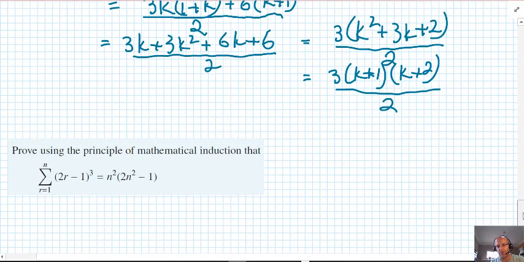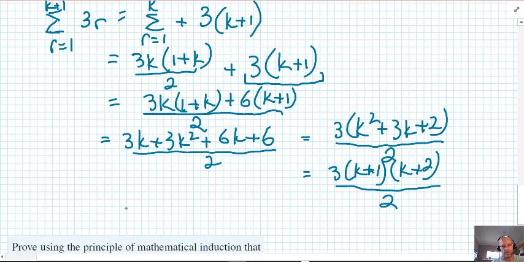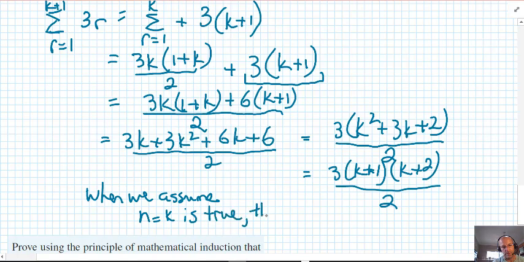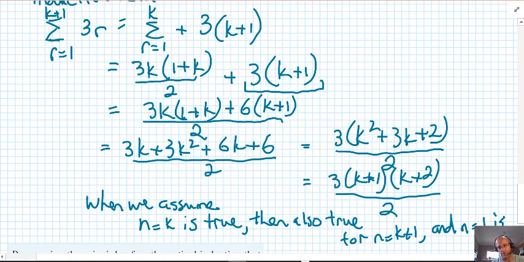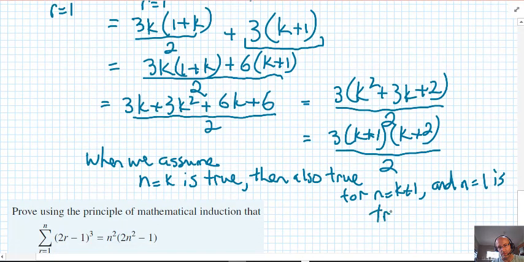So basically we've shown that when we assume n equals k is true, then it's also true for n equals k plus 1, and also n equals 1 is true, so by mathematical induction it's proven, and that's that one.